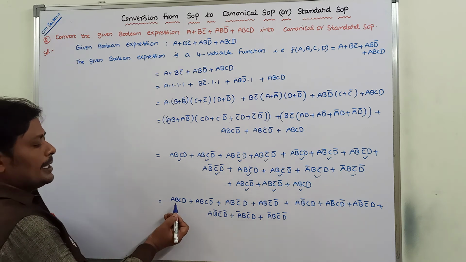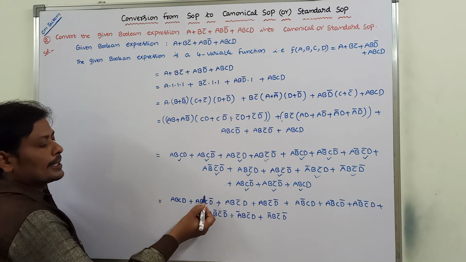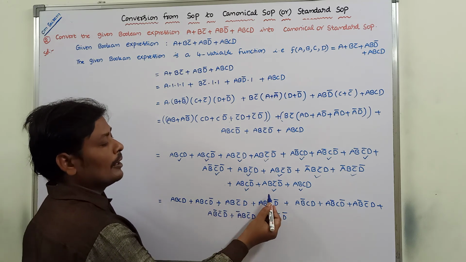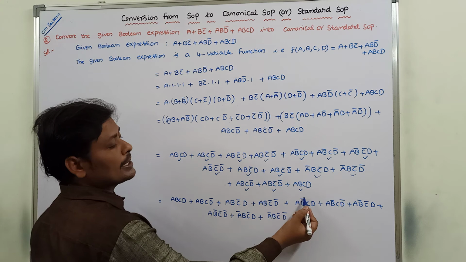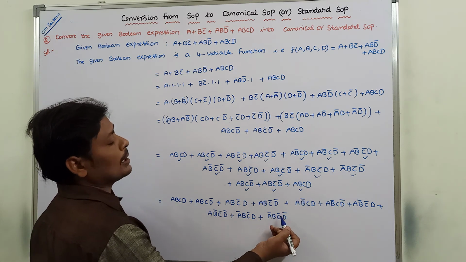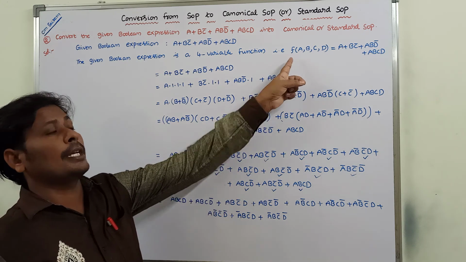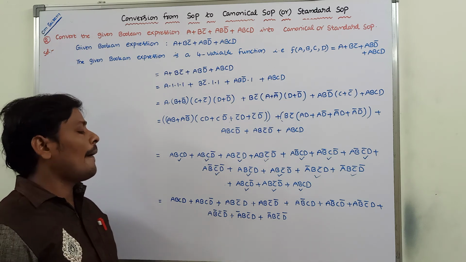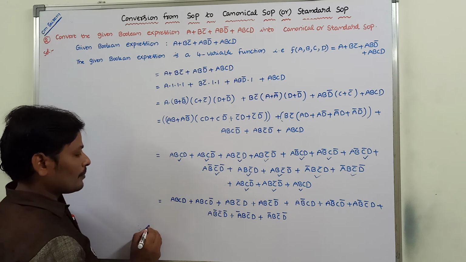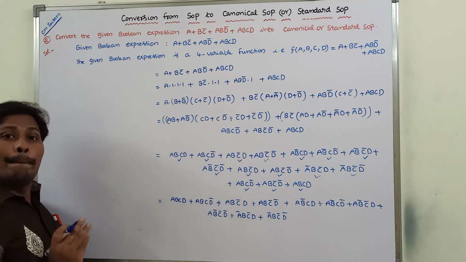The first term contains all the variables, second term, third term, fourth term, fifth term, sixth term, seventh term, eighth term, ninth term and 10th term contain all the variables of the given function. Therefore each and every term in the given Boolean expression is a min term.